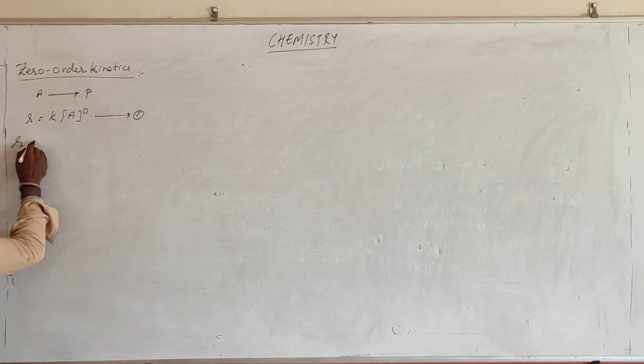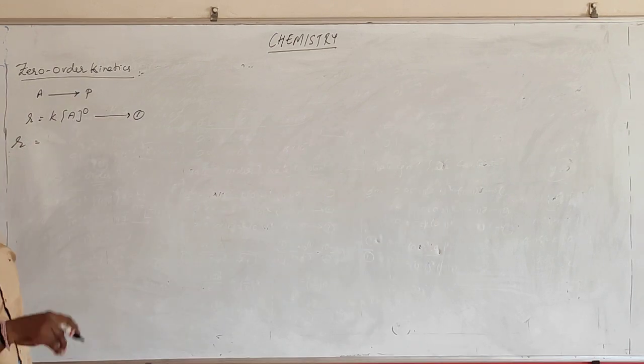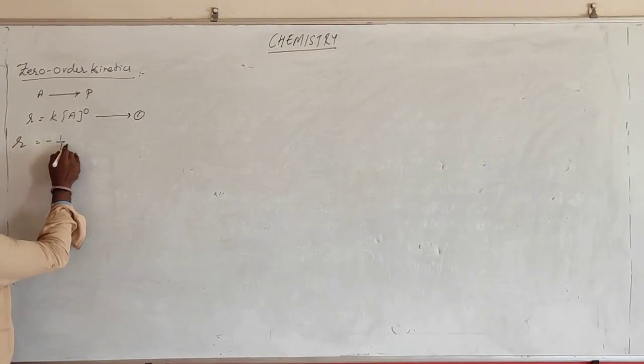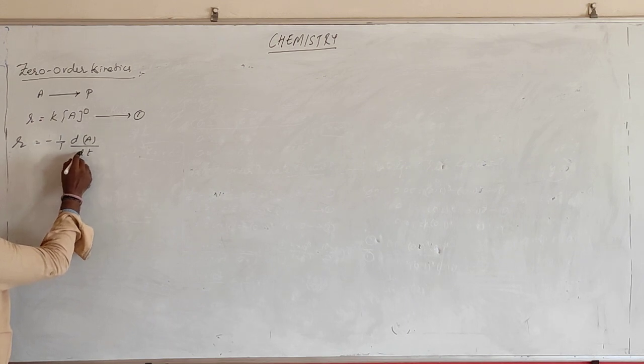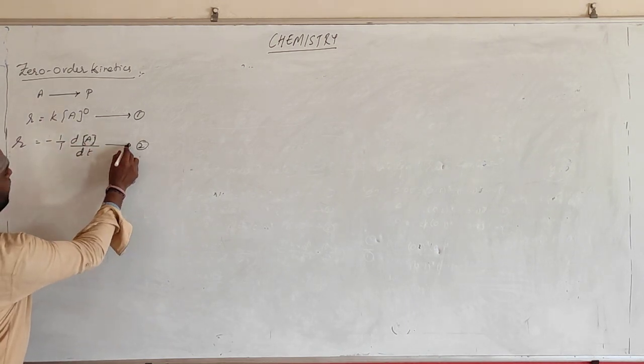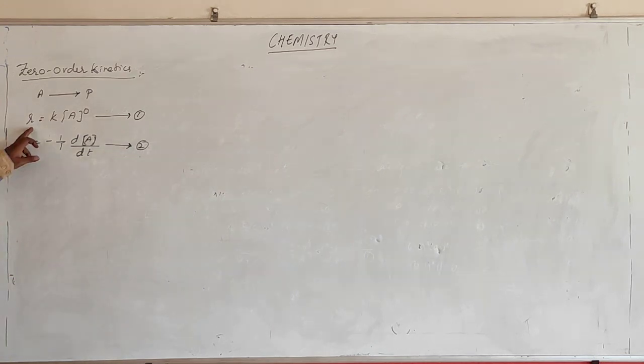One more way, as we discussed in the starting class, is minus 1 by 1 dA by dt. These are two ways of writing for this reaction.